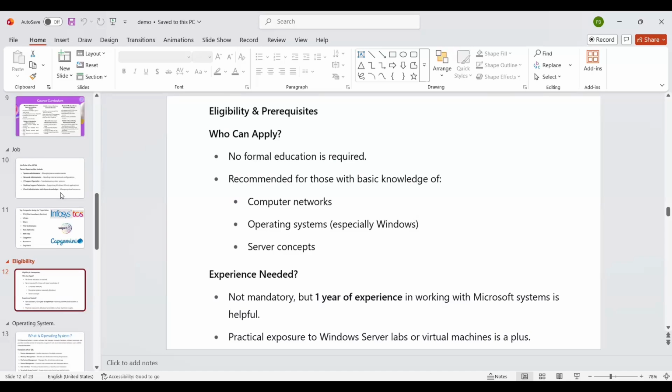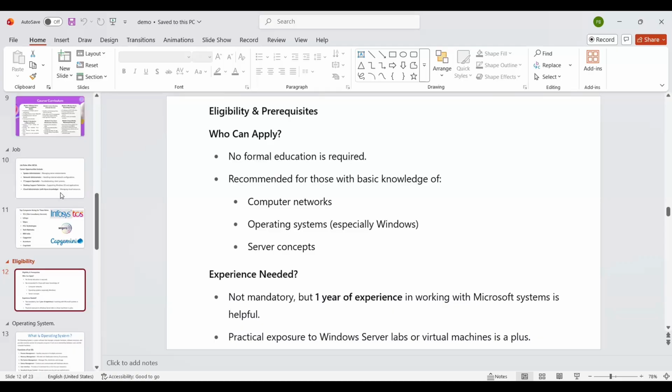So the recommended knowledge is here. If you have basic knowledge about computer networks, operating systems and server concepts, it is good to have, but it is not compulsory, right? I am going to teach you everything from scratch. So it is just recommended, but if you don't have it, you are good to go.